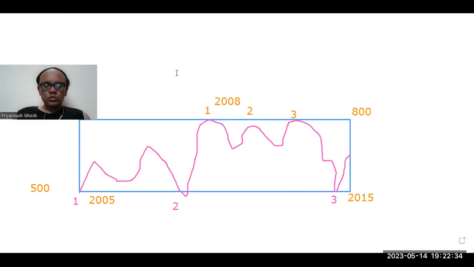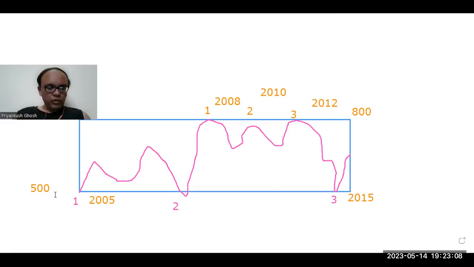Then 2010. So this 2 was in 2010. Then 3 in 2012.